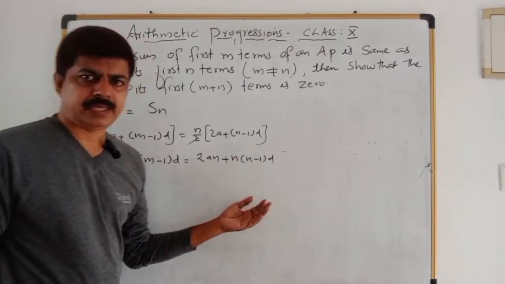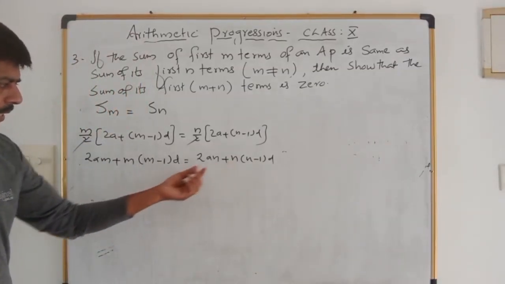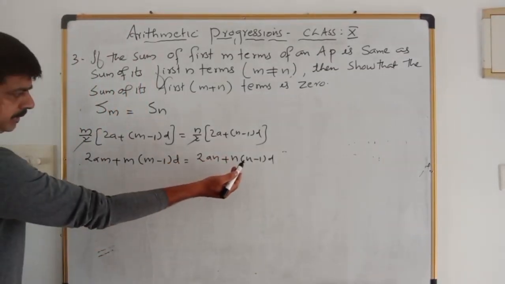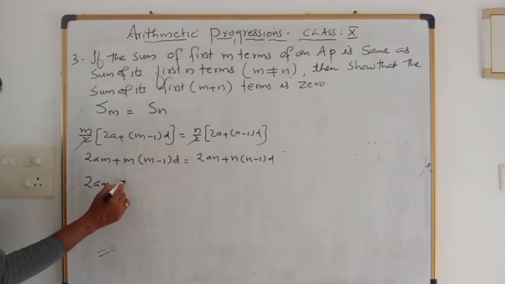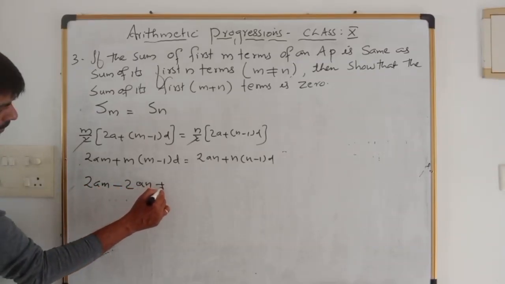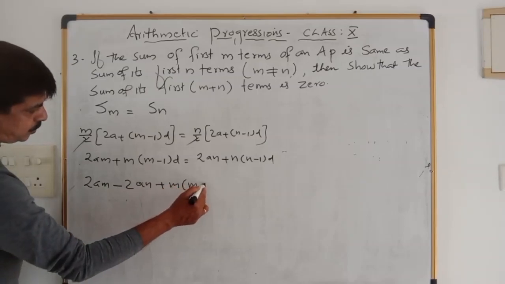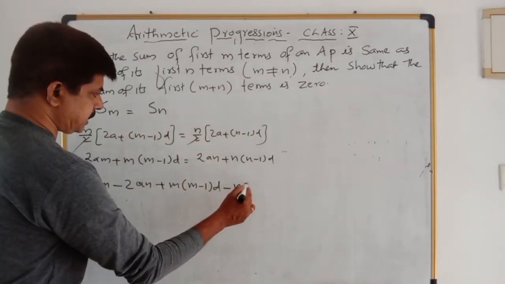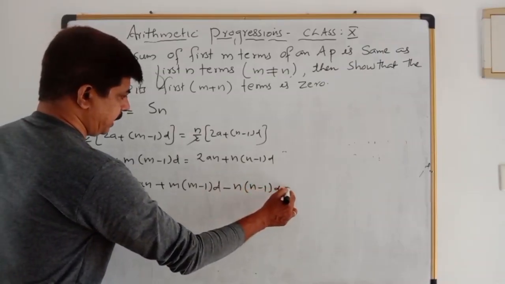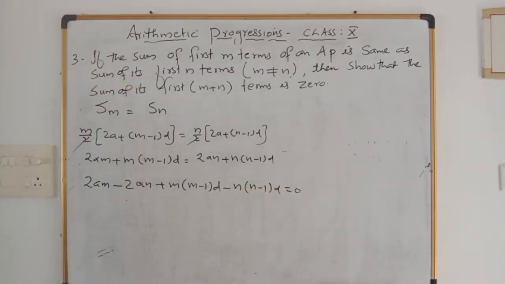Now we are going to simplify, write in simplest form. So taking the RHS terms, both the terms should be taken to the left side. So 2am minus 2an plus m into (m minus 1) into d minus n into (n minus 1) into d equals 0.